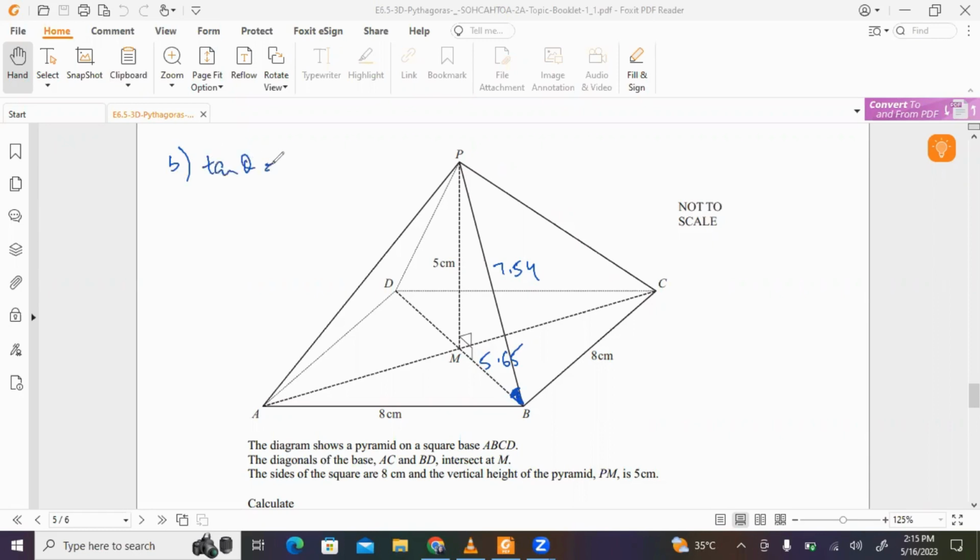Tan theta equals 5 over 5.65. Then we do tan inverse of 5 over 5.65. That's going to give us 41.5. That is the angle that your slope PB is making with the base.